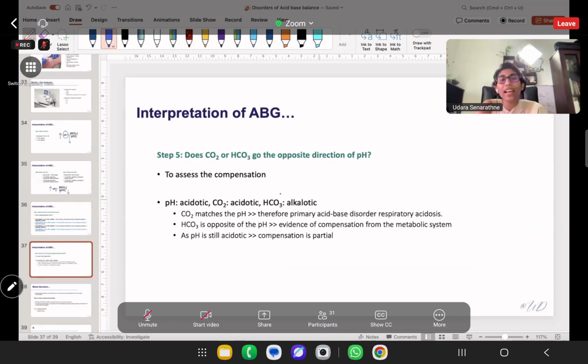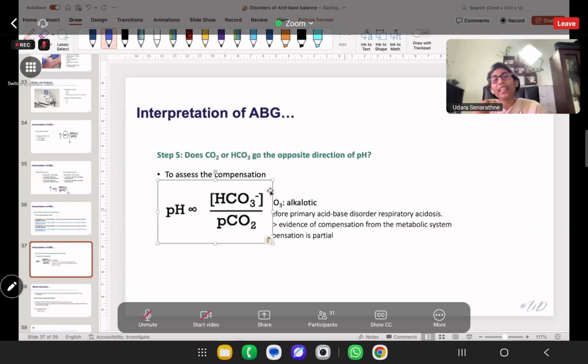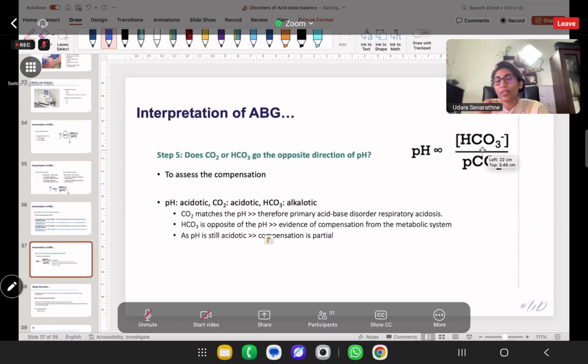And then you check whether the other component is going in the opposite direction. So if your pH is decreasing and your PCO2 is increasing, that means your CO2 is driving the pH. So the respiratory component is the one contributing to the pH.